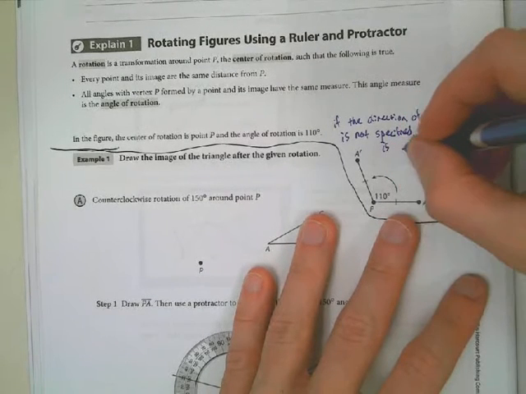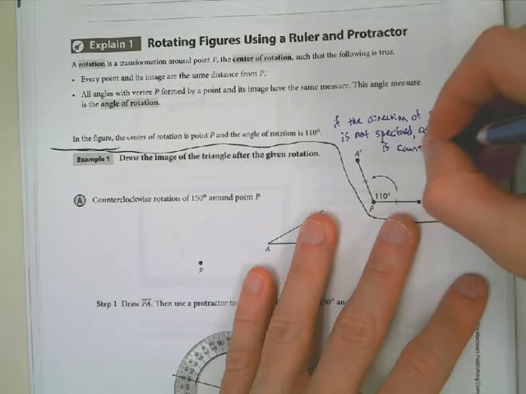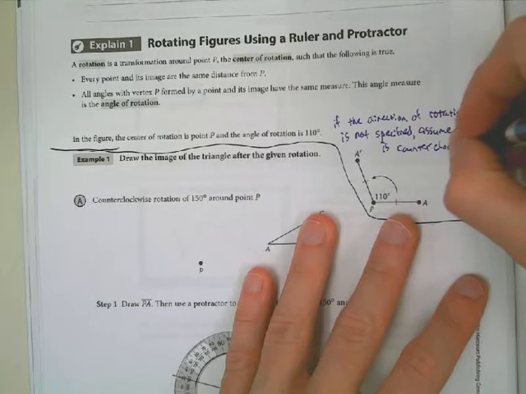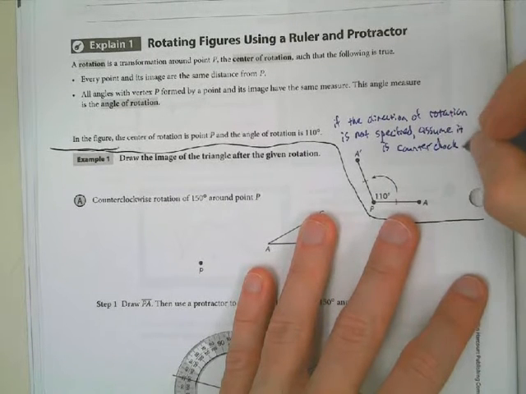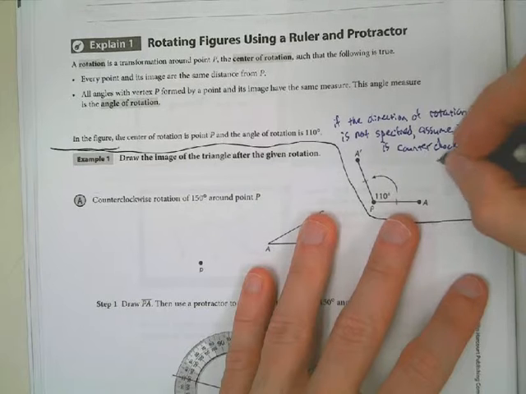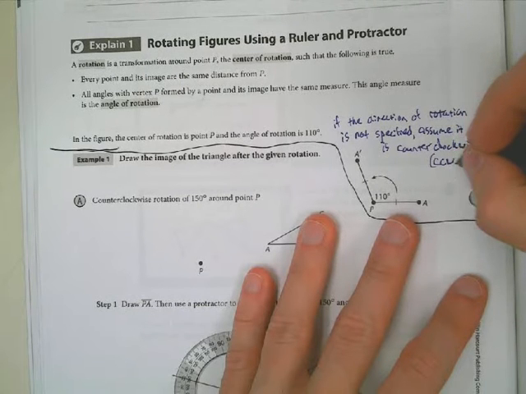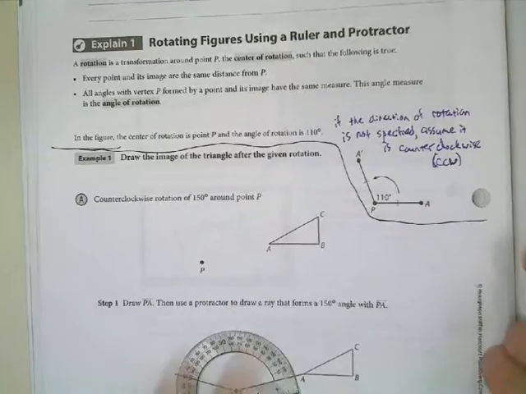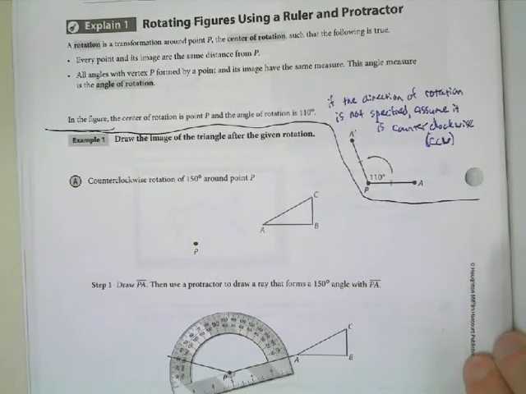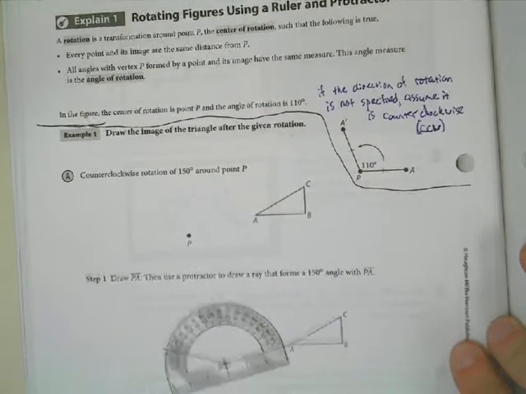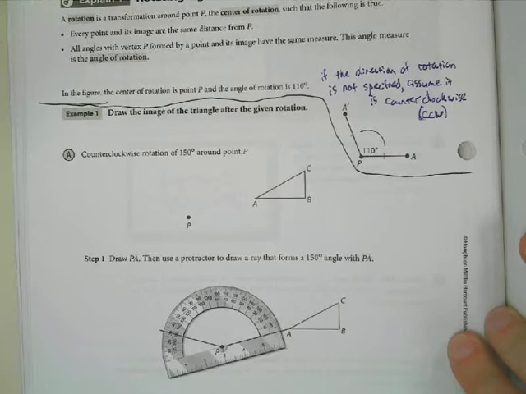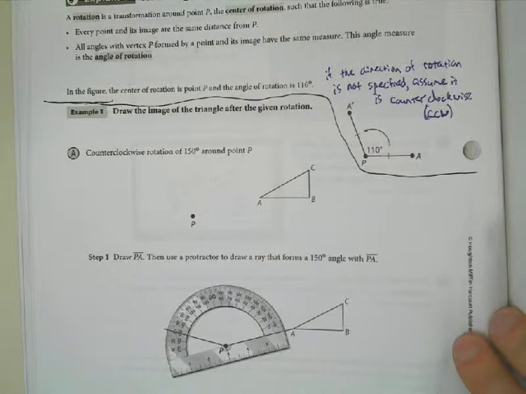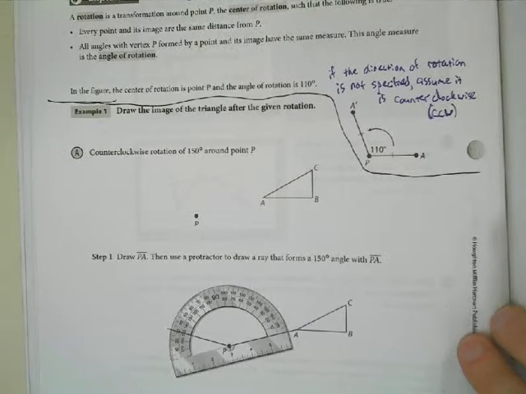I'm going to write that out. And we will abbreviate counterclockwise as CCW, not Creedence Clearwater, counterclockwise. All right, so that's the idea there.